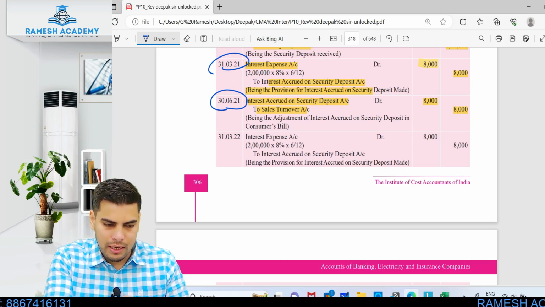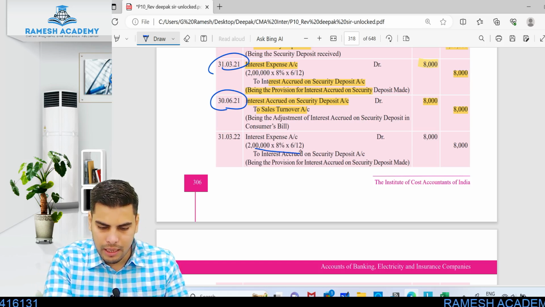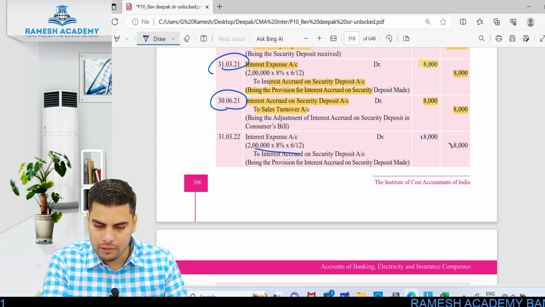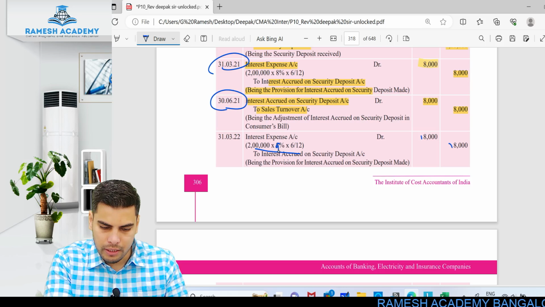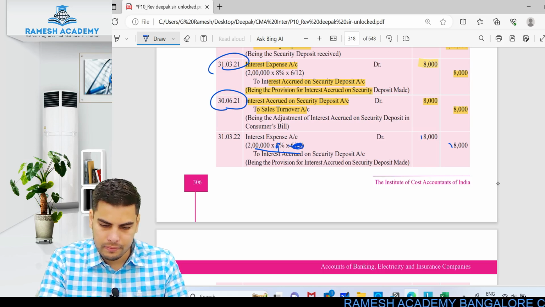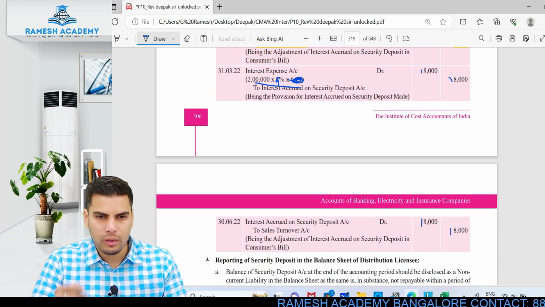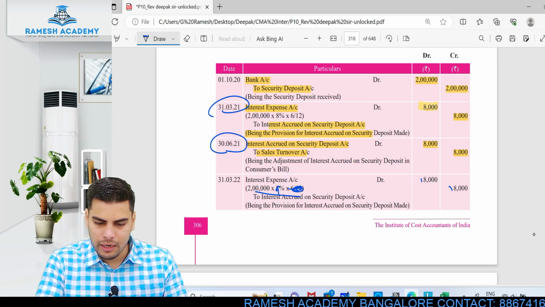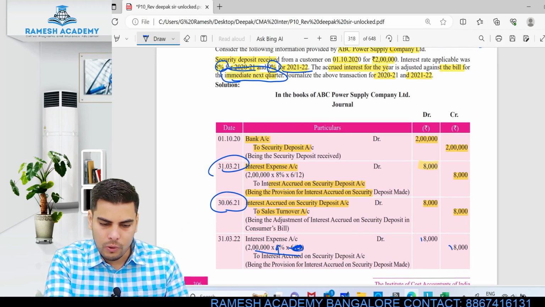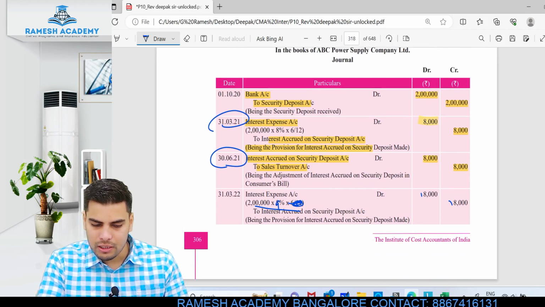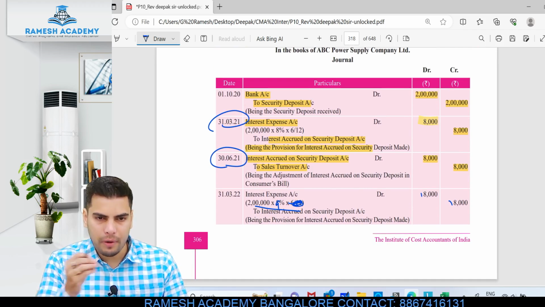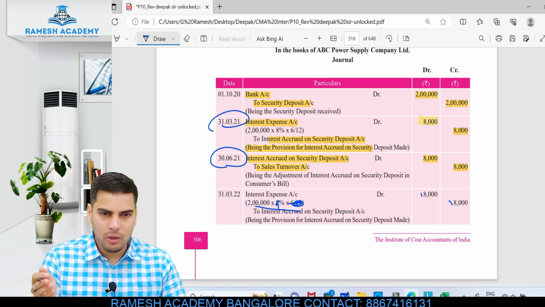So this is a mistake, guys. Here also, if you see, they have done the same calculation. Don't you think this should be 18,000 and 18,000? So this should be 9%. And here also the same amount will be transferred, because they have clearly told the interest rate which is applicable for the next financial year. Don't you think they have told 9%? And in the first year we calculated for 6 months, because from the day of deposit till the closure of books of accounts.